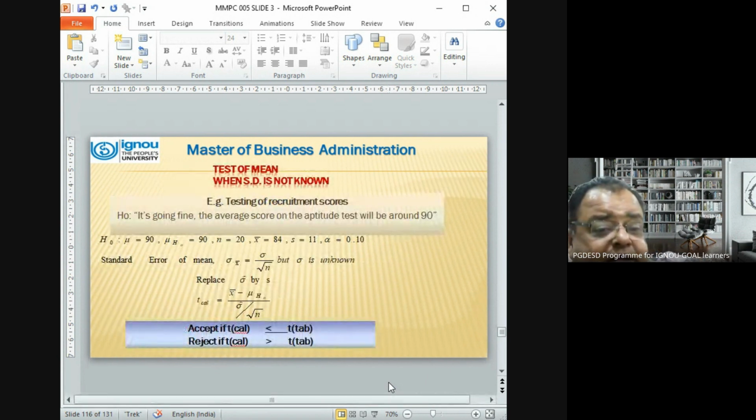Now when standard deviation is not known, you see the problem? Can anyone tell me if standard deviation is not known, then what will you do?